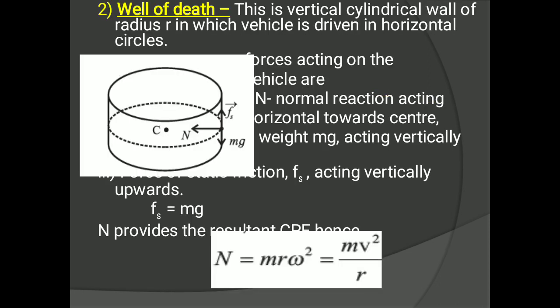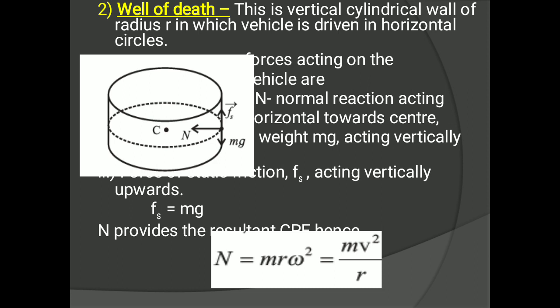Next application is the well of death. You must have seen in the circus or at the mela a vertical cylindrical wall, and a vehicle moving along that wall in horizontal circles. This is called the well of death.